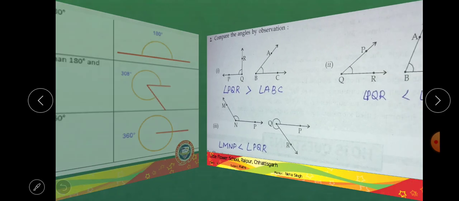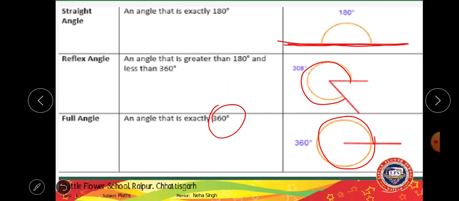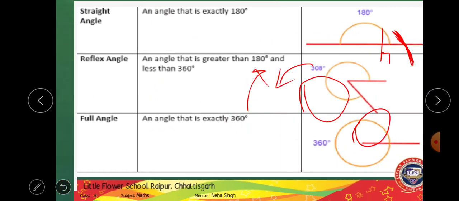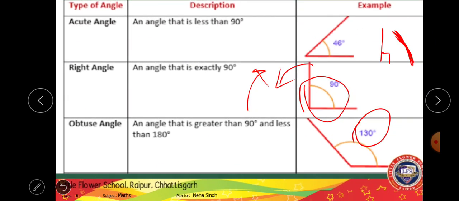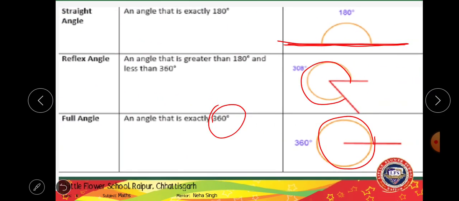Okay, so these were the types of angle. What types of angle had we studied just now? Acute angle, right, which is less than 90 degree. Right angle, which is 90 degree. Then obtuse angle, what is it? Which is greater than 90 degree but less than 180 degree. Straight angle, simply 180 degree. Now reflex angle, what will it be?